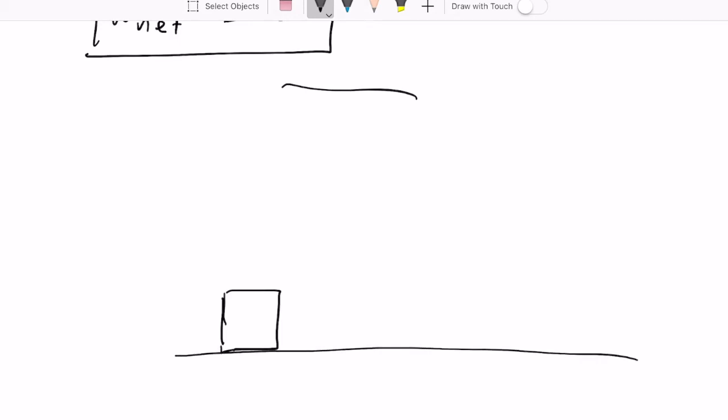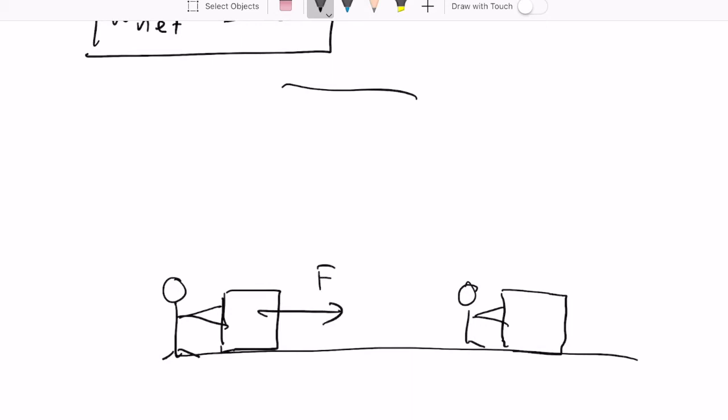Let's say it's a heavy box, and you push on this box and make the box move from here to here. So you applied a force F on this box, and let's say it's a rough surface. As a result of your force, the box moved from here to here, and let's say that the amount of work done is 100 joules.